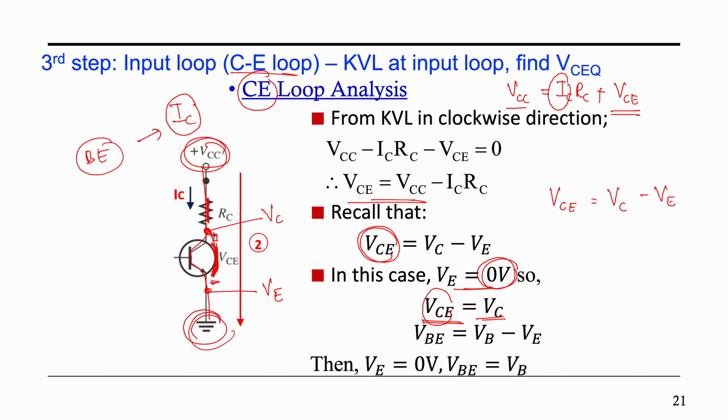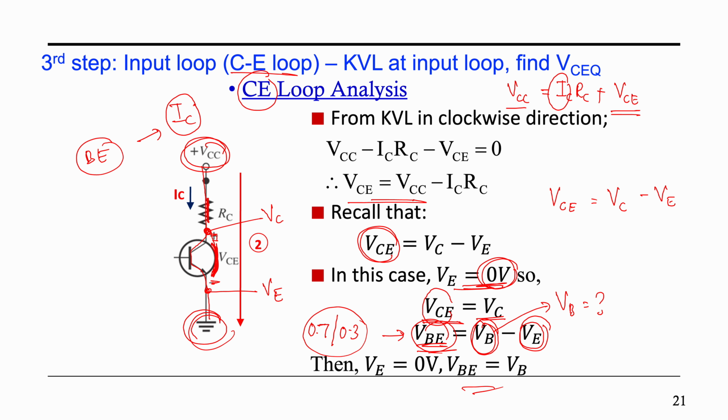You can calculate the value of VBE as well. VBE is usually based on the type of transistor, either 0.7 or 0.3. VE is the same as previous, usually zero. Then we can find the value of VB, so VB is equal to VBE.